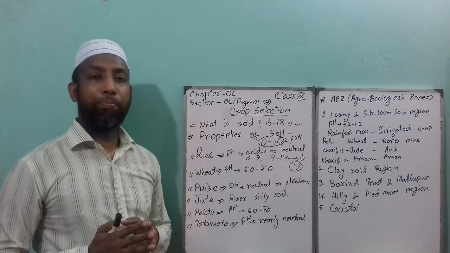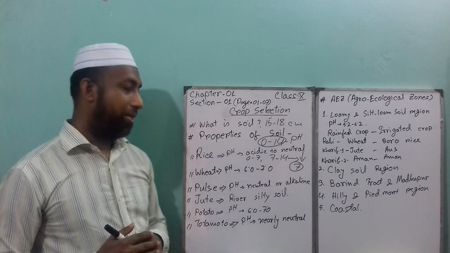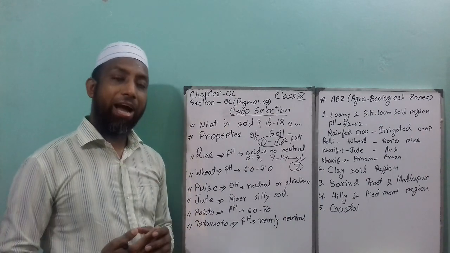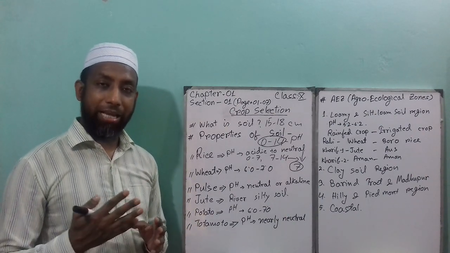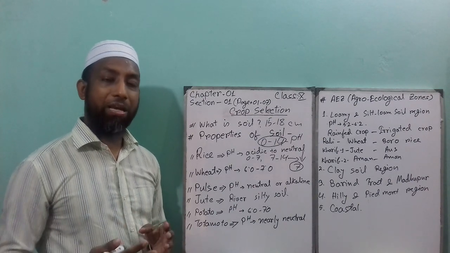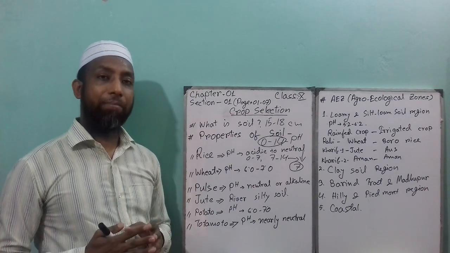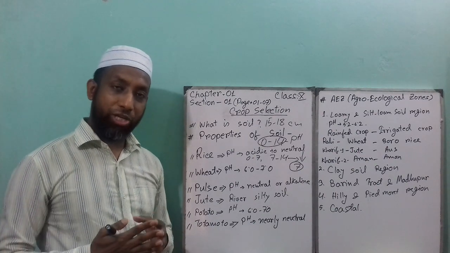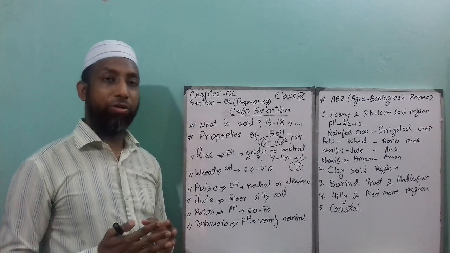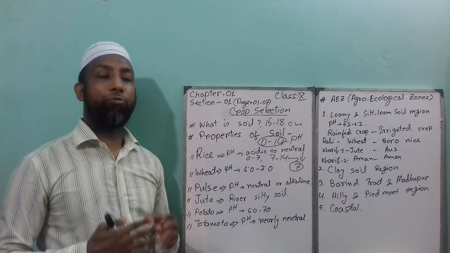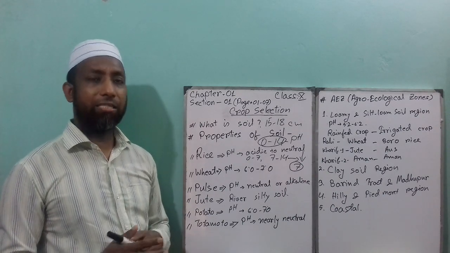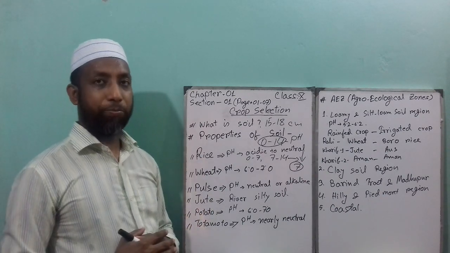That is not any problem for producing rice. When you provide different types of fertilizer, inorganic and organic or chemical fertilizer, in the field, we can fulfill the nutrient demand for nitrogen, phosphorus, zinc, etc. These are the properties of rice soil.